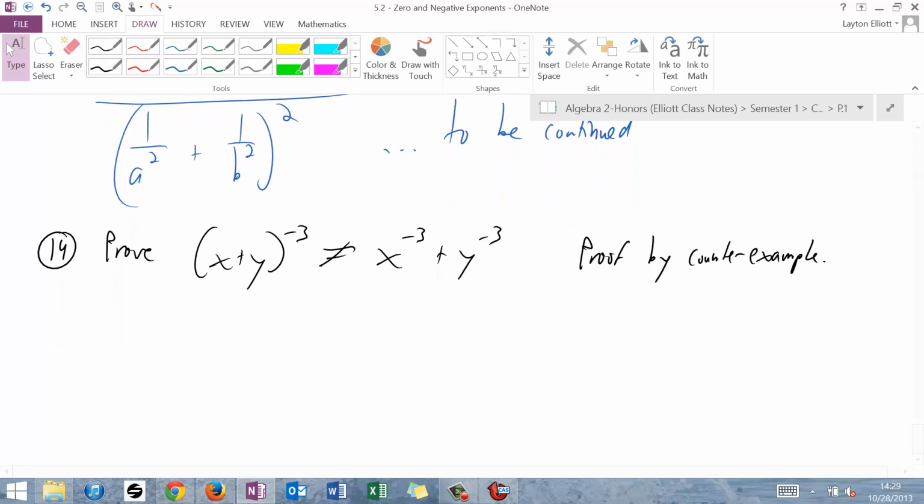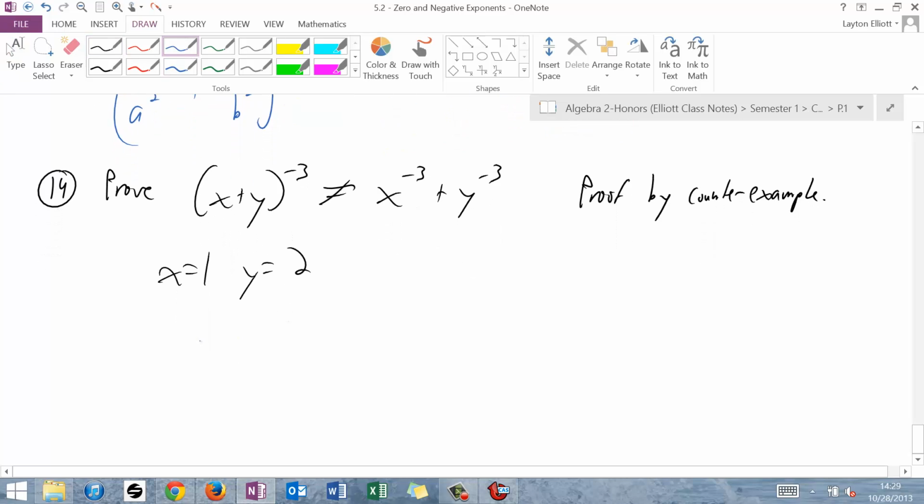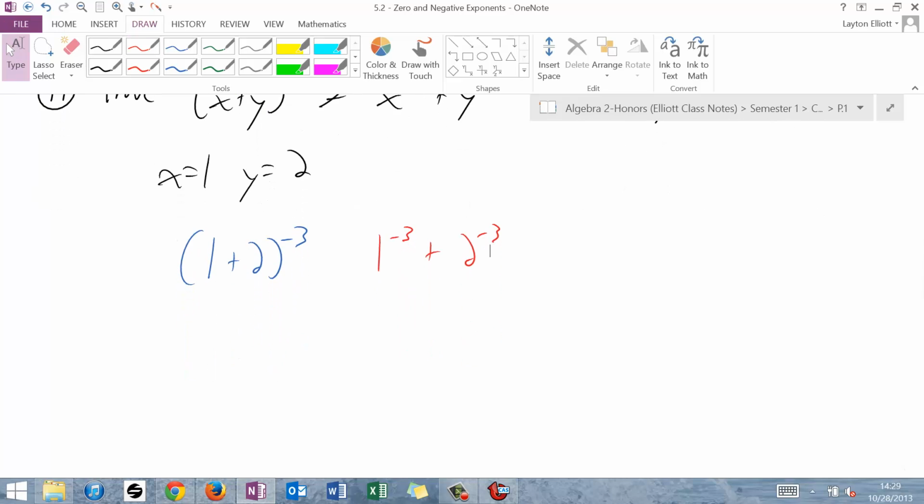Just pick any two numbers for x and y that are not trivial. You don't want to pick ones like 0 and 0. So let's go x equals 1, y equals 2, something simple. And I'm going to substitute those. On the left side it becomes 1 plus 2 to the negative 3rd. And on the right side it becomes, let's see, that'd be 1 to the negative 3 plus 2 to the negative 3.